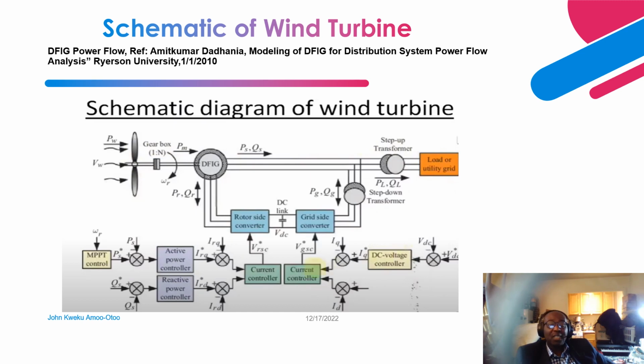Basically, the PI controller generates the error, and it is fed to this controller, which generates the required quadrature axis current that is fed to this side of the controller, to provide a pulse to the IGBT, and to correct the required exchange of active and reactive power back to the grid.